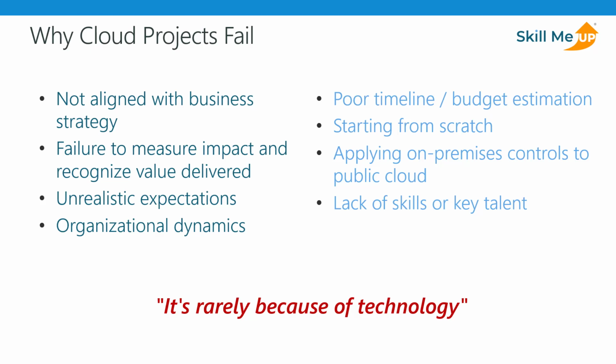Some other key things from a technical perspective: not having a good timeline or estimating budget correctly, starting from scratch and not taking into account and doing proper planning. Failure to plan is a plan to fail. We need to make sure that we're aligning our organization, our business strategy, our technical strategies, and why we are building.